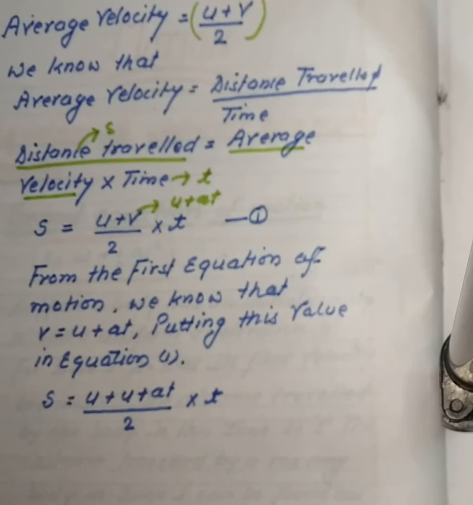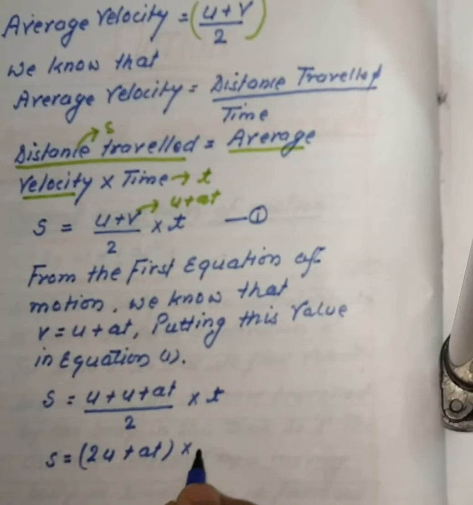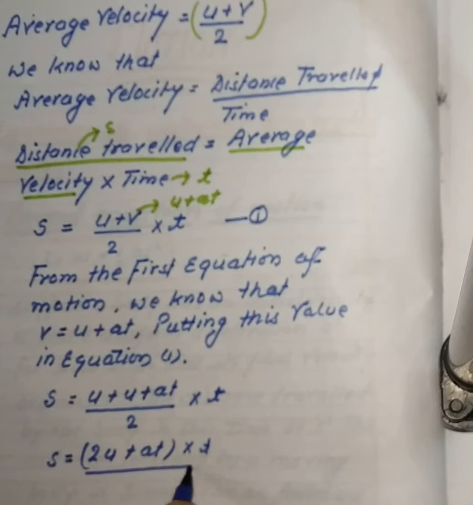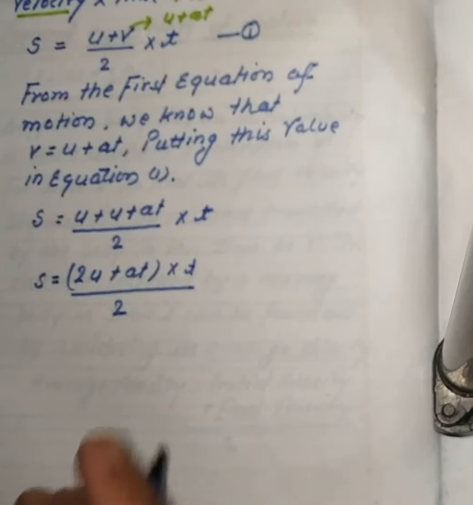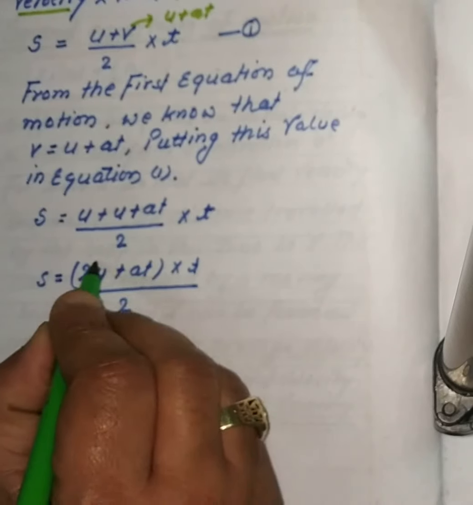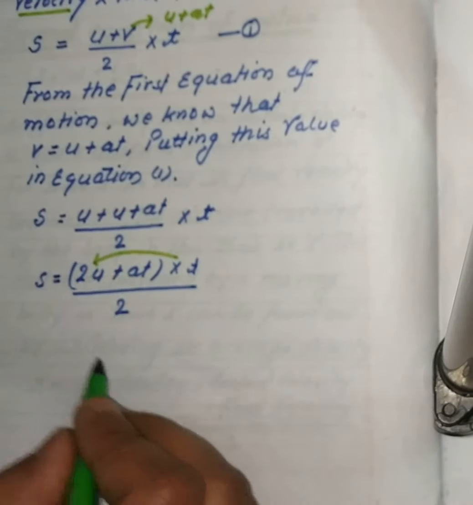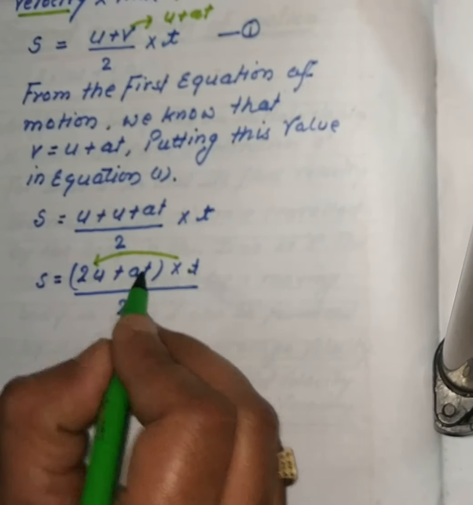So it will become S equals 2u plus at multiplied by t upon 2. When we multiply t inside the bracket, it will become 2ut and at square.